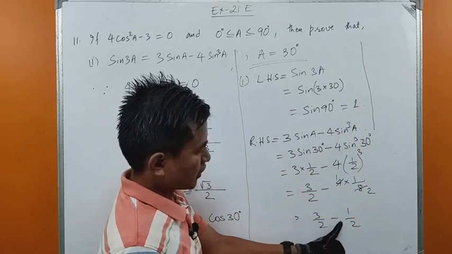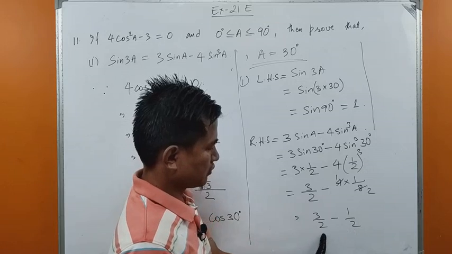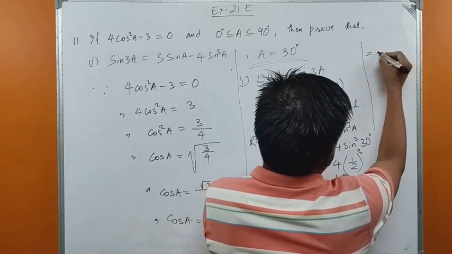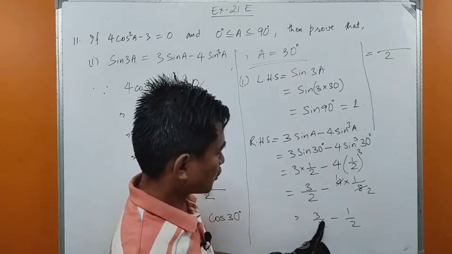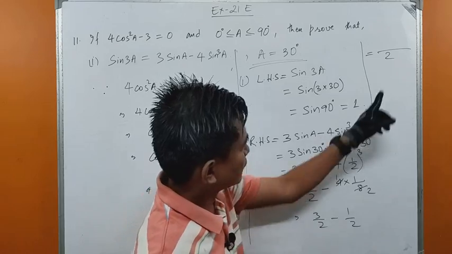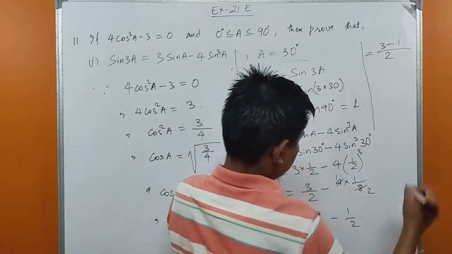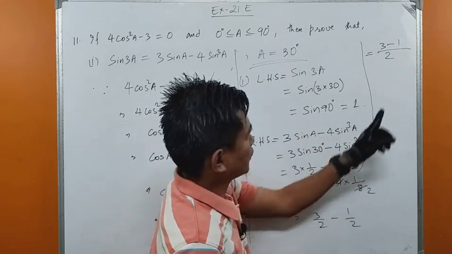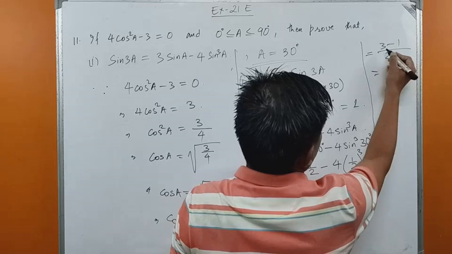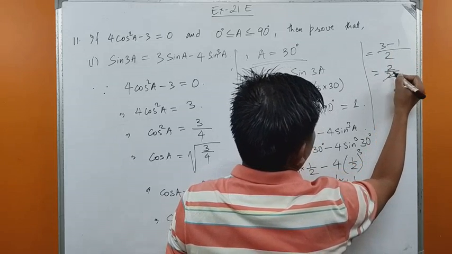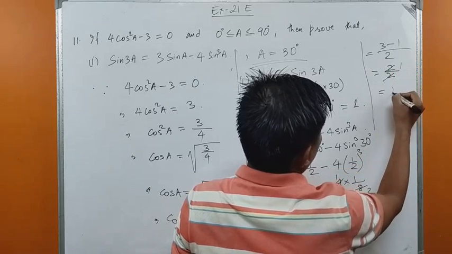3 by 2 minus 1 by 2. The denominators are the same, so we take the LCM, which will be 2. 2 ones are 2. So 1 into 3 is 3 minus 1, 1 into 1 is 1. So 3 minus 1 is 2 upon 2, which gives us 1.